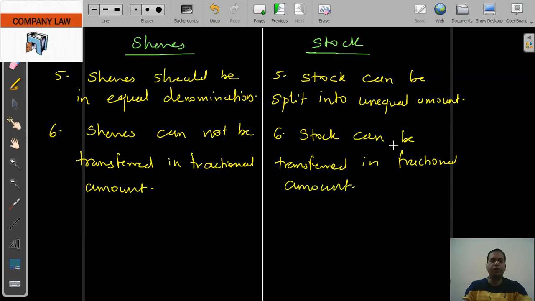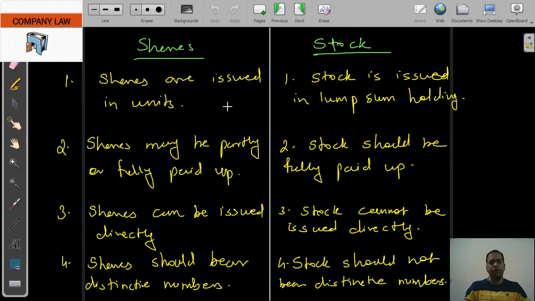So again this point we have covered, shares cannot be transferred in fractional amount. You cannot divide the shares from its amount, but it is always possible to have the transfer of stock in fractional amount. So these are the points of differences we have studied relating to shares versus stock.